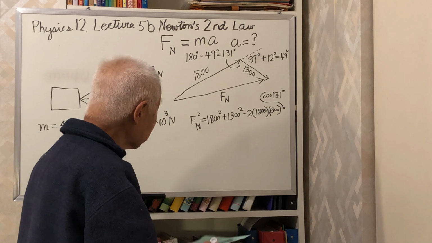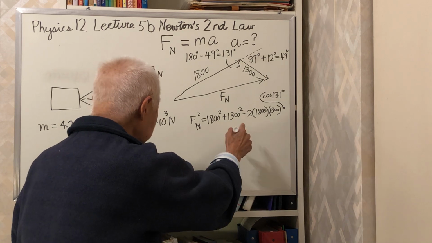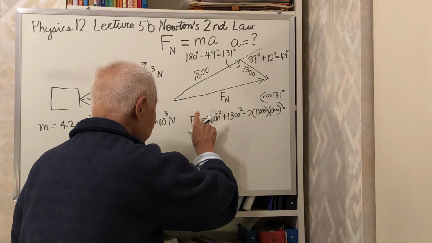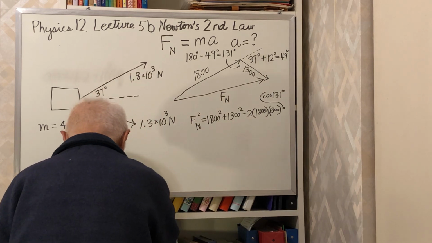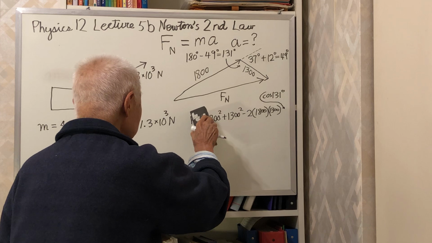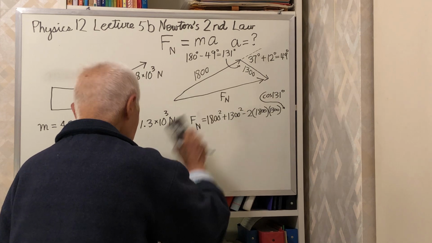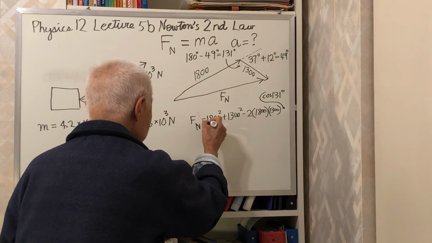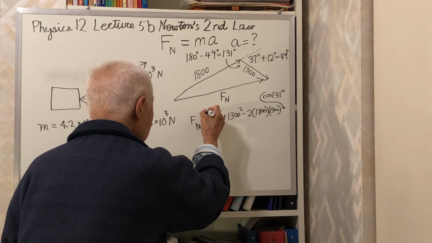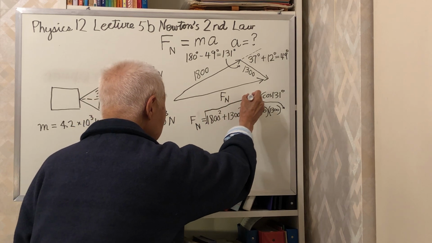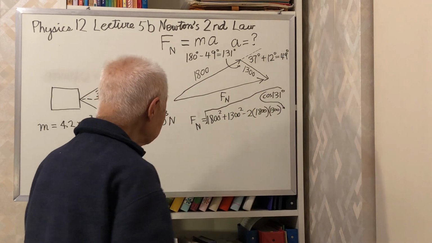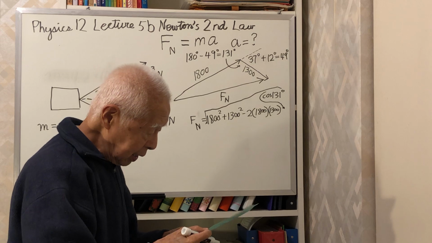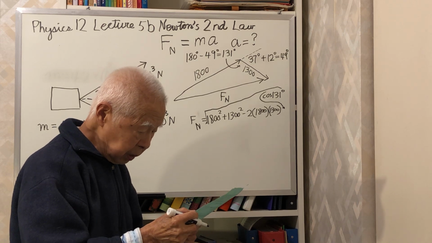So you use a calculator to find this, and once you have this value, you take the square root. So Fnet is... use the calculator to do that, and you have the answer.